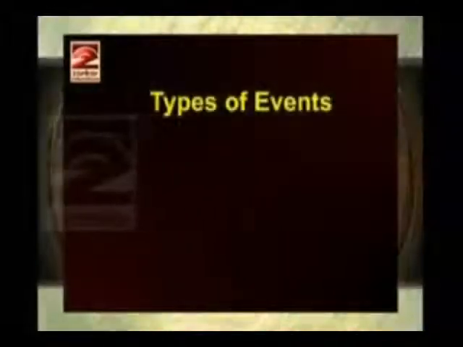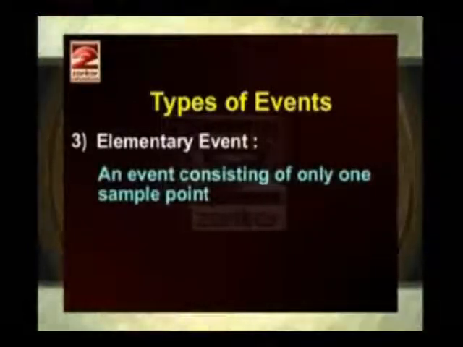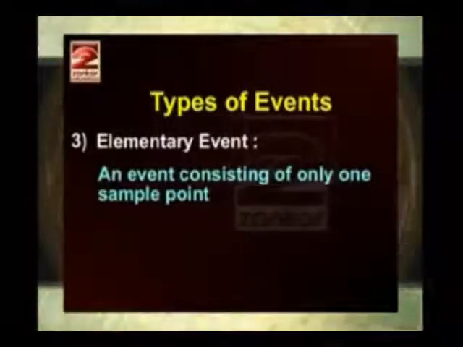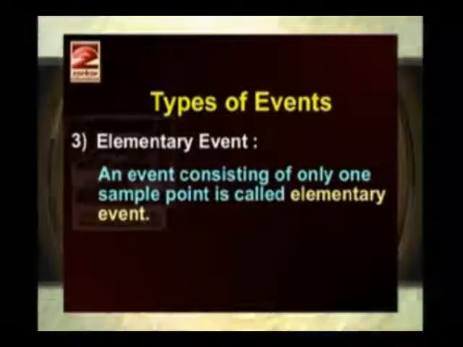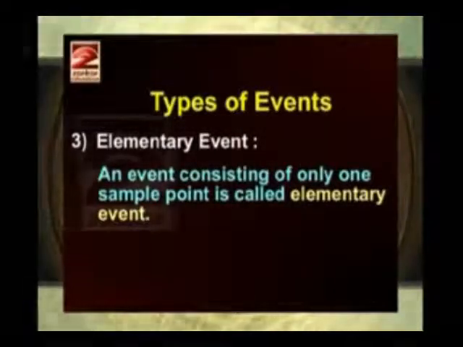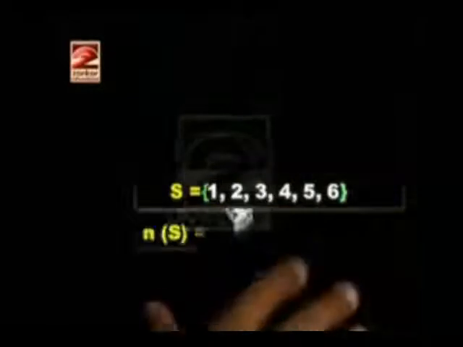Next is elementary event. An event consisting of only one sample point is called an elementary event. Again we'll see the same die. S = {1, 2, 3, 4, 5, 6}. That is n(S) = 6.